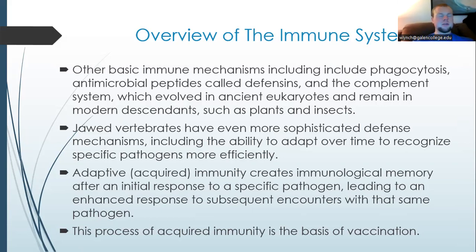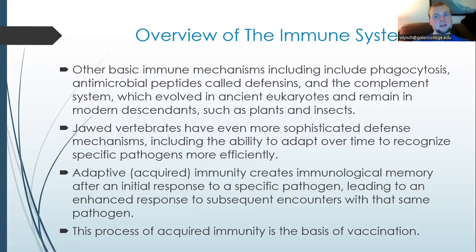Our adaptive immunity is termed adaptive because it is acquired, because it has to take place over time. We have to be able to find a specific pathogen and create an antibody response to that pathogen's antigen. We then have to have some sort of a memory.